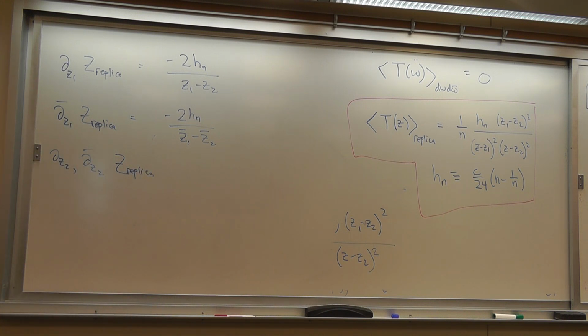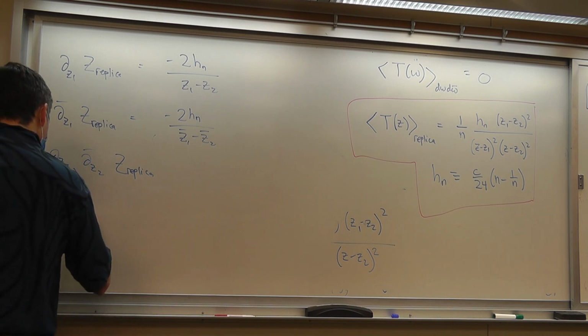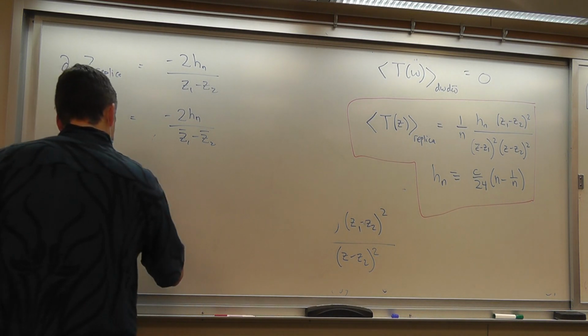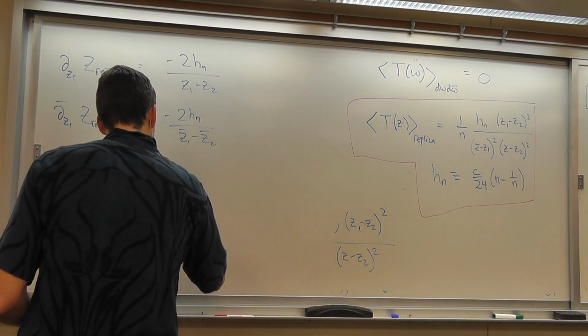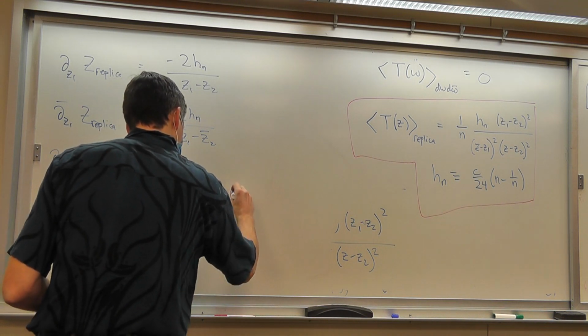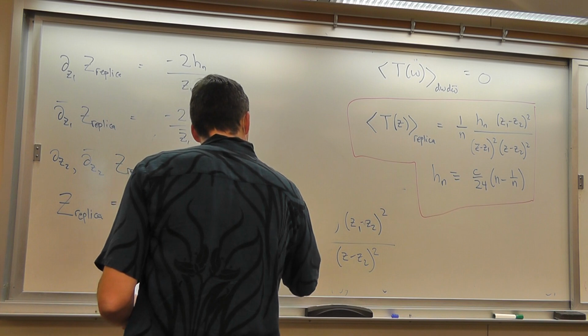It's the same thing. And now you can integrate this. So now we have a differential equation for z replica, and that's easy to integrate. The result is z replica is minus 4hn log of the absolute value of z1 minus z2, plus the integration constant.